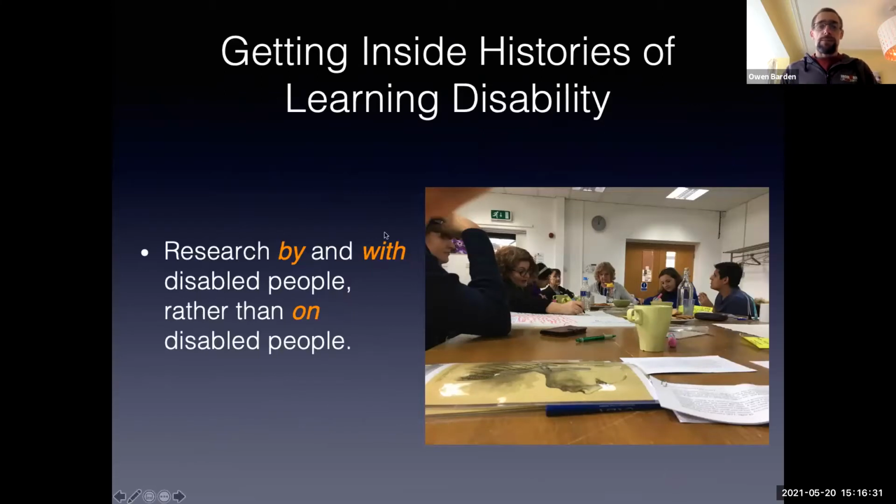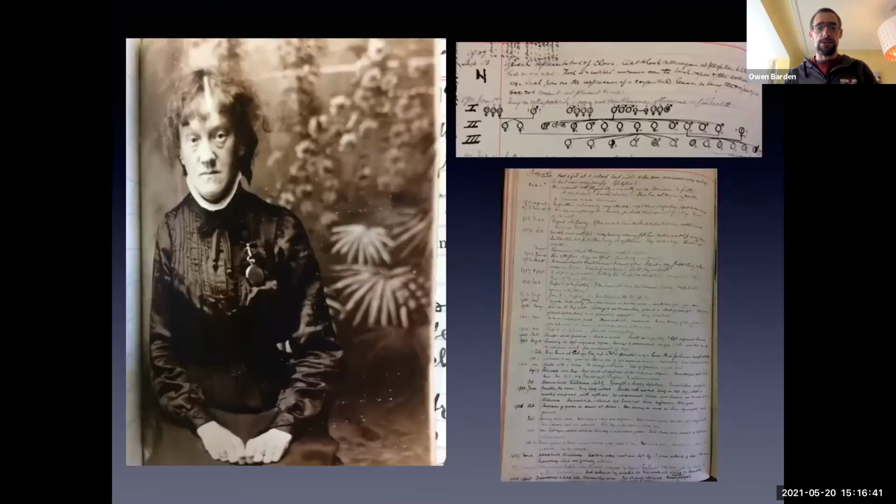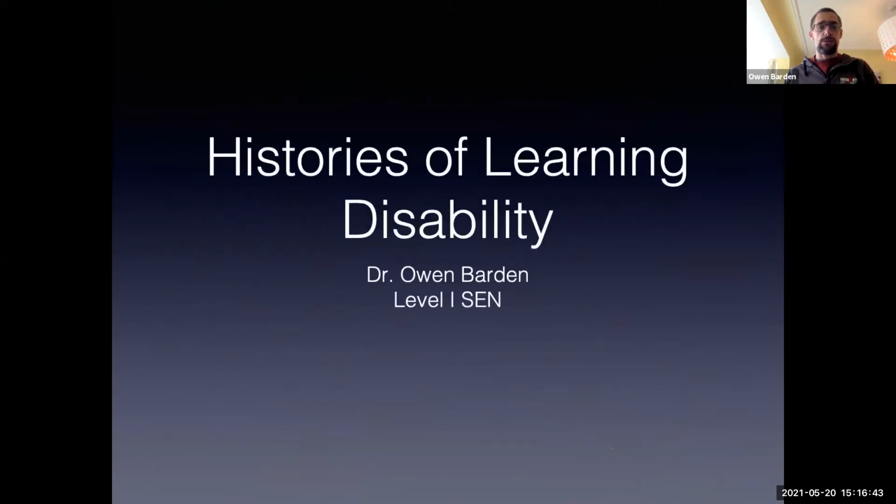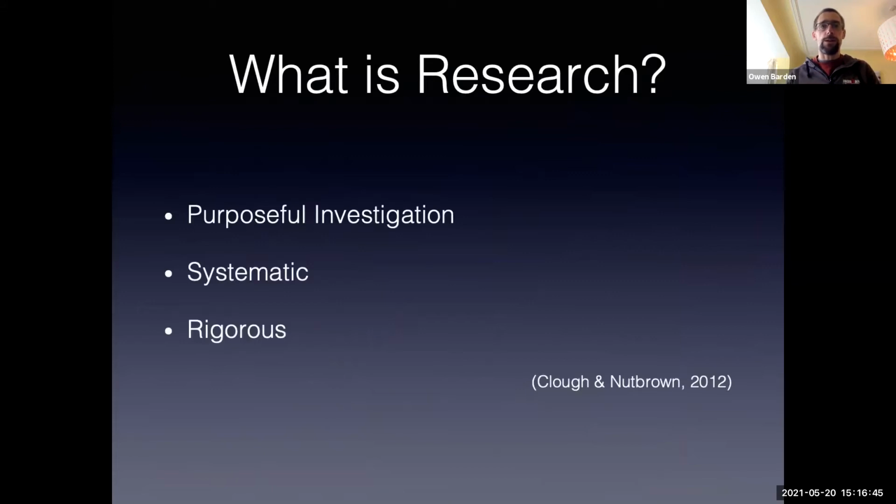But one thing that we do know about these participatory research projects is that learning disabled people can do it, and they can do it in ways that fulfill these criteria of being purposeful, systematic, and rigorous.